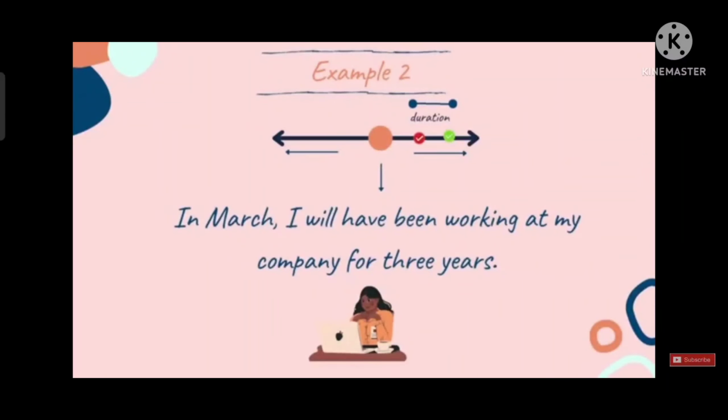In March, I will have been working at my company for 3 years. Here, the activity of working will have already started sometime before. It would be a continuous process for 3 years. But when? It will be in March. Also, the duration is mentioned as 3 years.